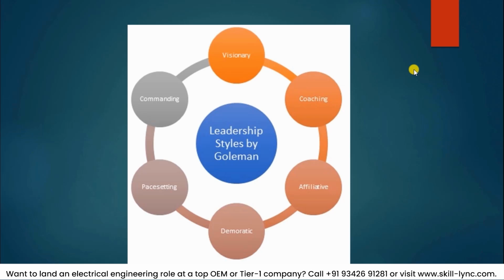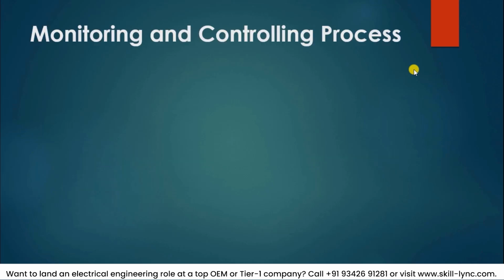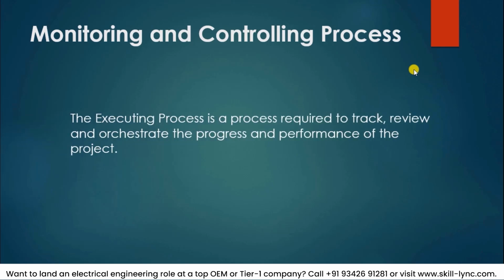So with this, we'll go to the next part, that is the project monitoring and controlling process. Now let's get back to the project management scope. Here in this monitoring and control process, the definition, if you could recollect, is the process required to track, review, and orchestrate the progress and performance of the project.